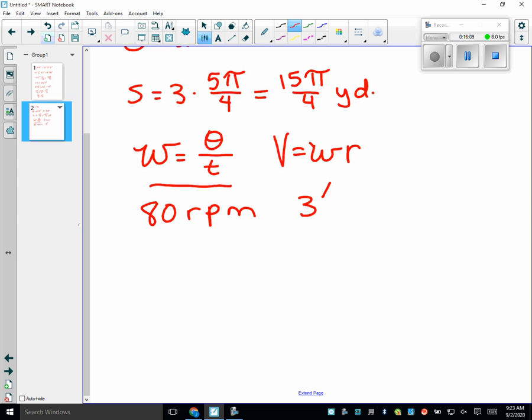So is angular velocity equal to 160 pi radians in 1 minute?